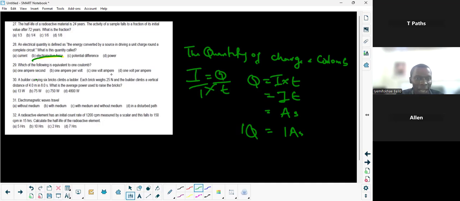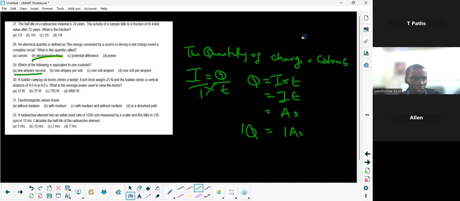So the correct answer is not D, not C, not B, but A, 1 ampere second, because the unit for quantity of charge, which is coulomb, is also ampere second. Very, very important.